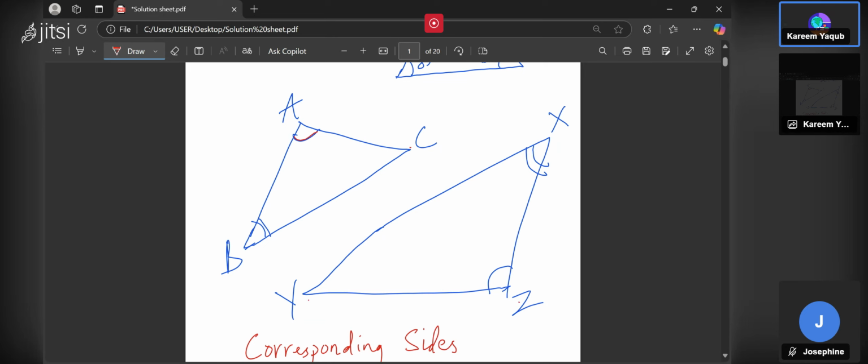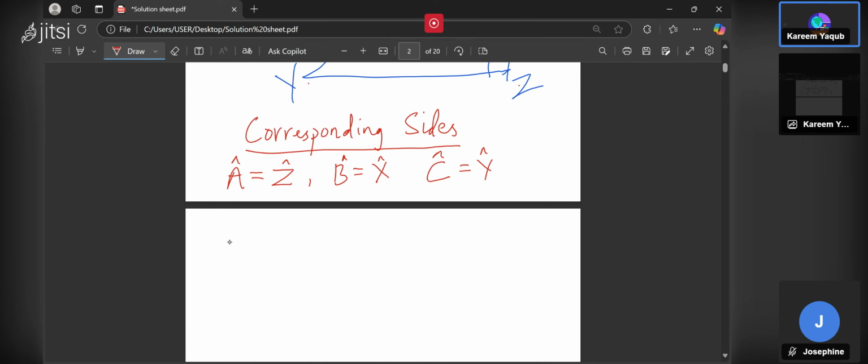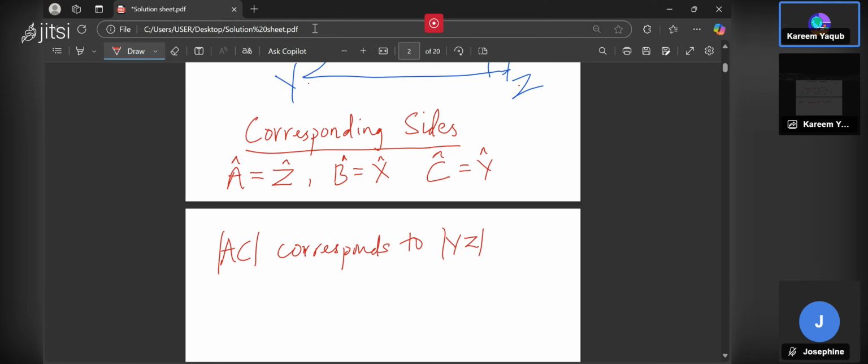Y. So that means side AC corresponds to side YZ. So we say AC corresponds to YZ.